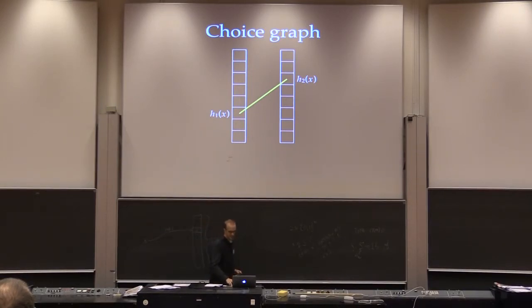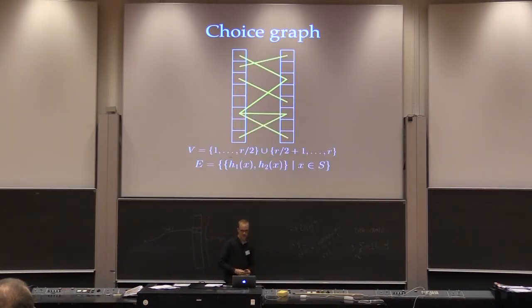So the vertices are hash values and the edges are pairs of hash values. Let's just assume that one hash function maps to the range 1 up to r/2, and the other one maps to r/2 up to r. But we draw the graph in this bipartite way.